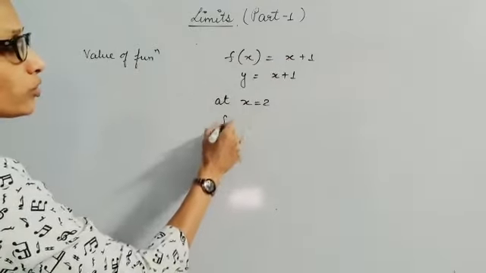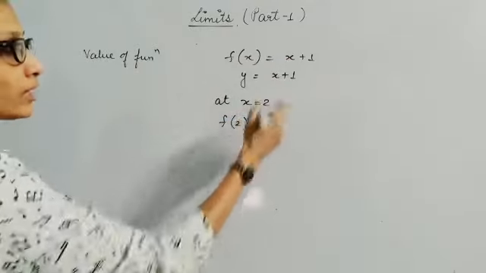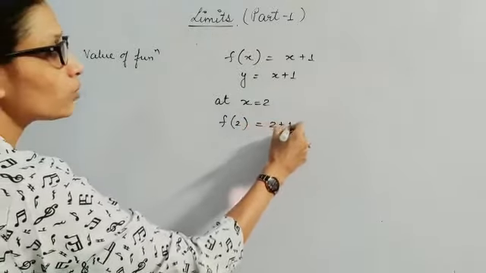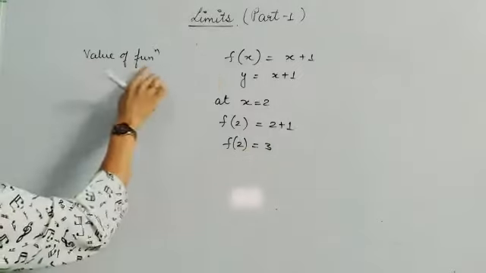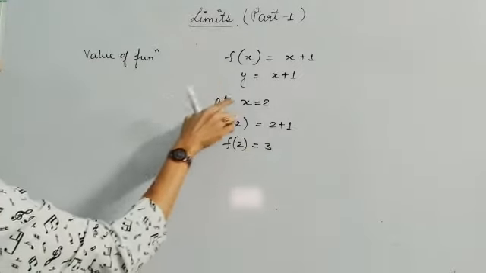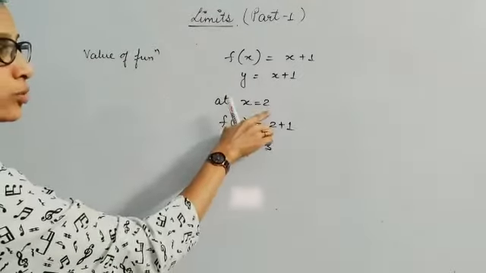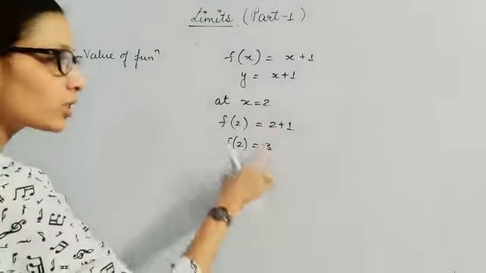So what are you going to do? You are going to put x = 2 and then you will get 3. That means the value of the given function at the particular point x = 2 is a particular value.